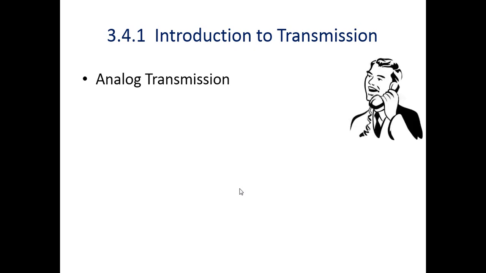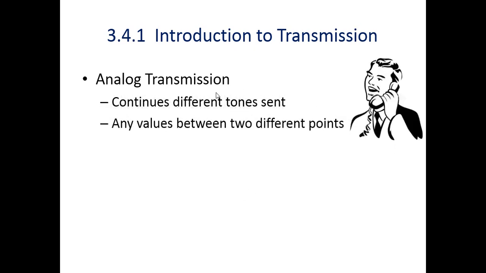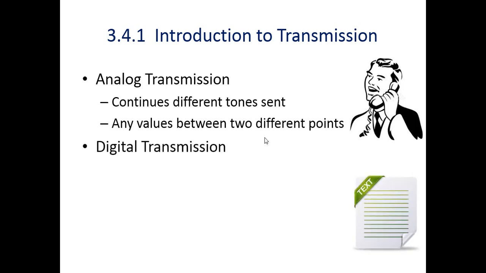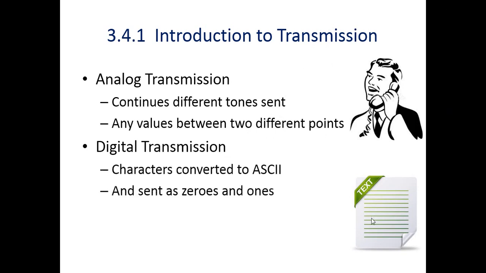Introduction to transmission. Analog transmission, what we speak in our day-to-day life, is in the form of continuous different tones sent at a time. It can take any values between two different points. Digital transmission means whatever computer files are available in our computer are in the form of digital data, and if it is transmitted using the digital signal, then it is referred to as digital transmission.